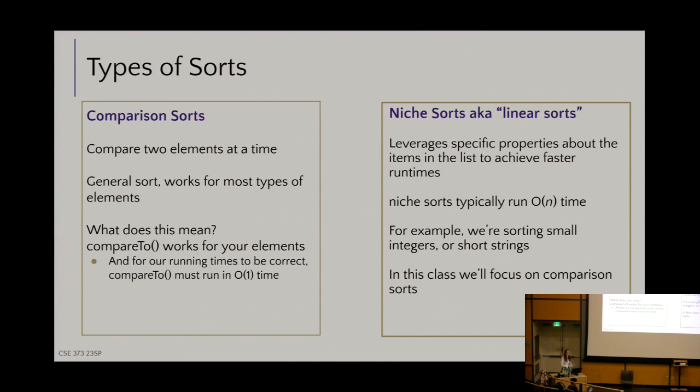So we think of those as general purpose algorithms. We are going to learn one niche sort, which is really the type of sorting algorithm where you can only apply it to a specific data type. For example, we're going to learn a sorting algorithm that can only be used on numbers, couldn't be used on strings. But for the most part, we're going to be talking about comparison sorts.